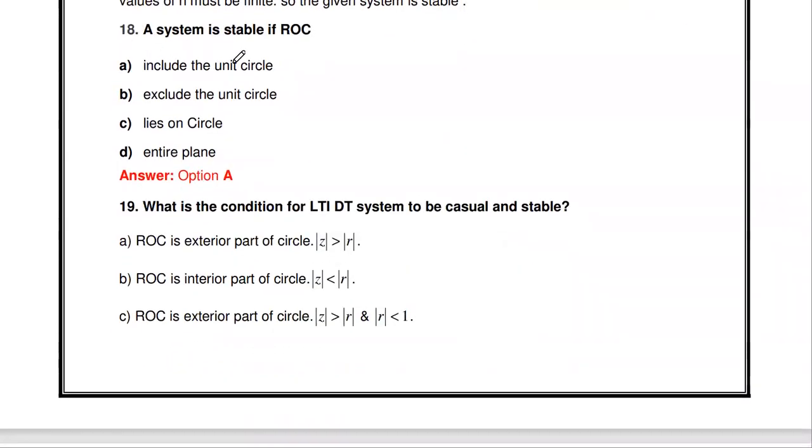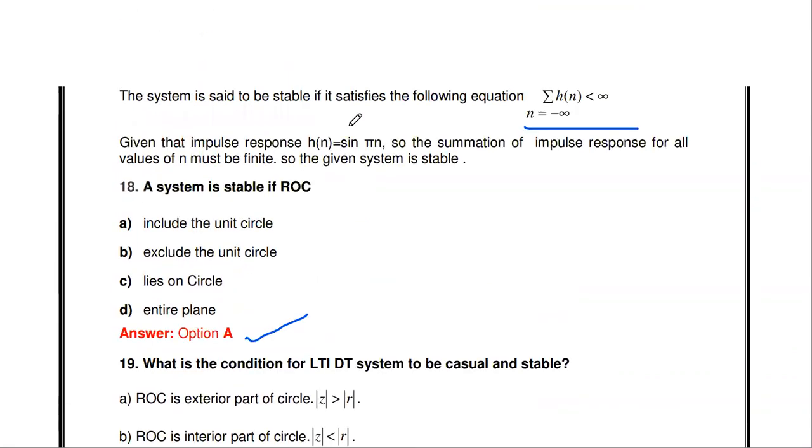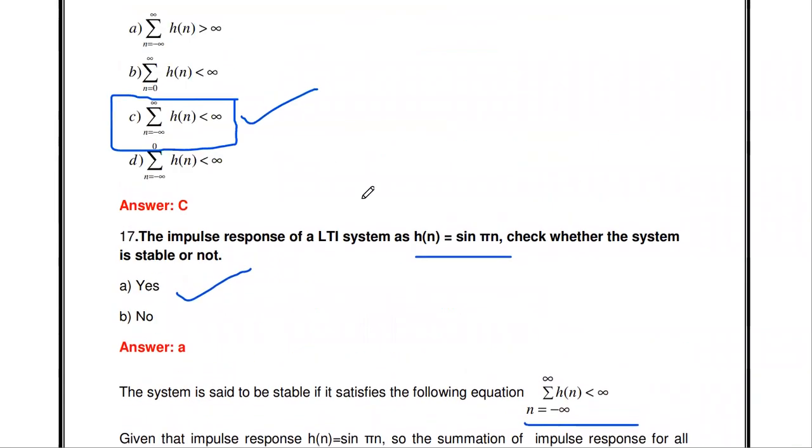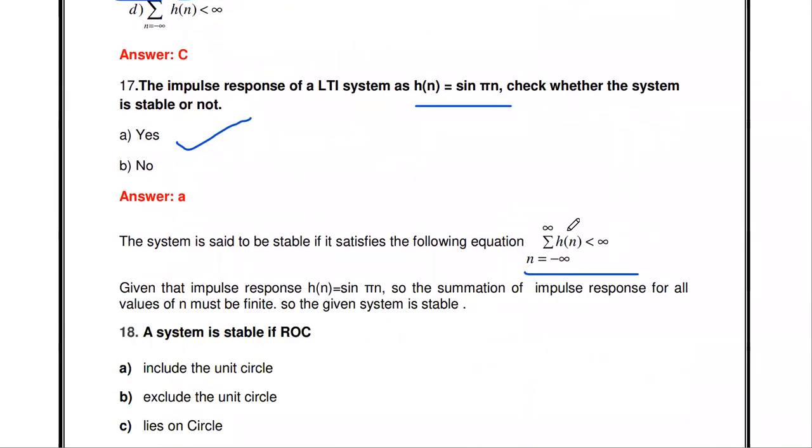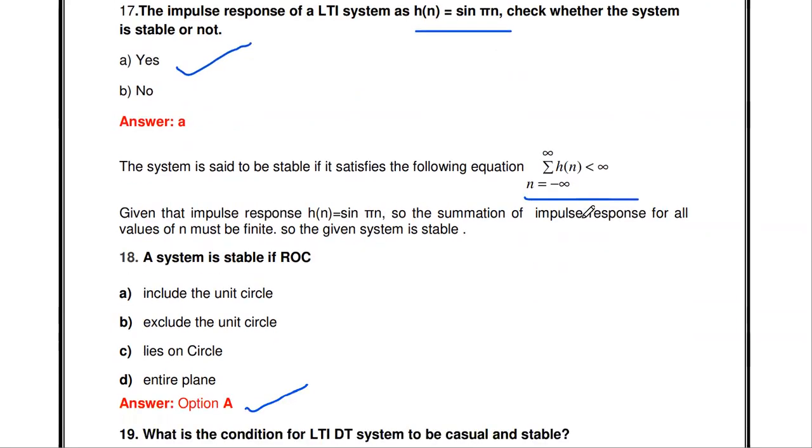Okay, then a system is stable if the ROC includes the unit circle, excludes the unit circle, lies on the circle, or is the entire plane? It includes the unit circle. In terms of impulse response, if the impulse response is absolutely summable, that means it is stable.